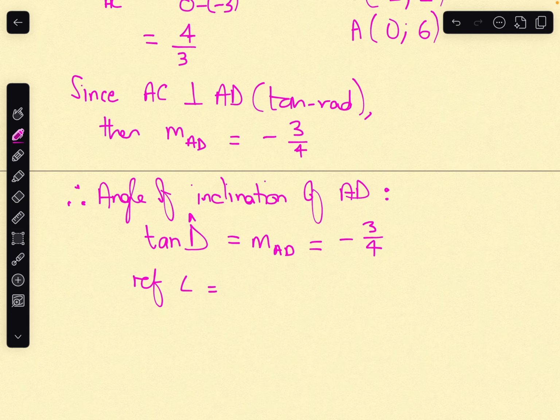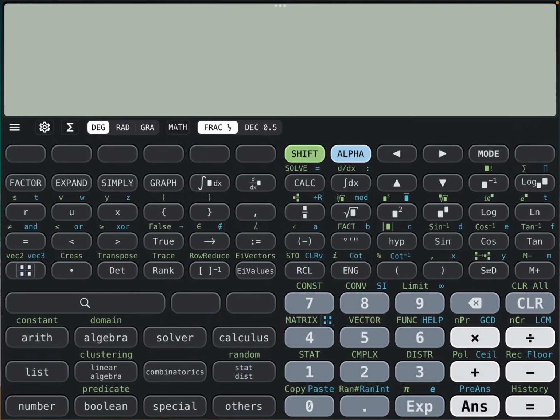The reference angle will be inverse tan of 3/4, which is, where's my calculator?